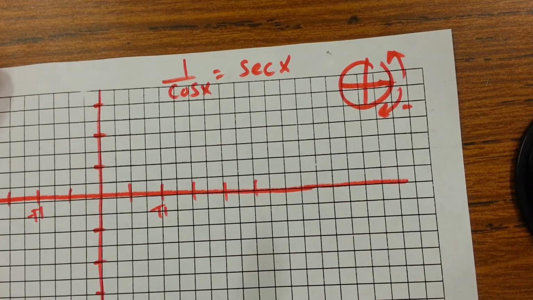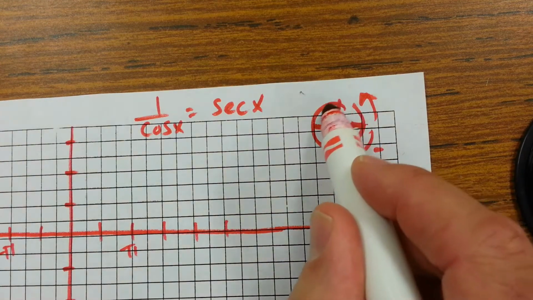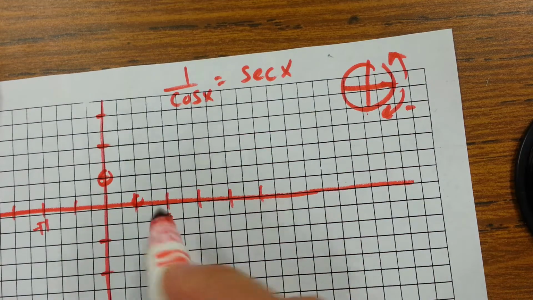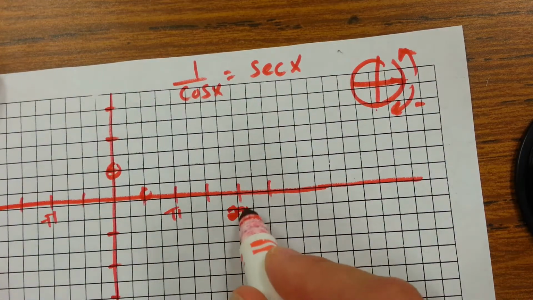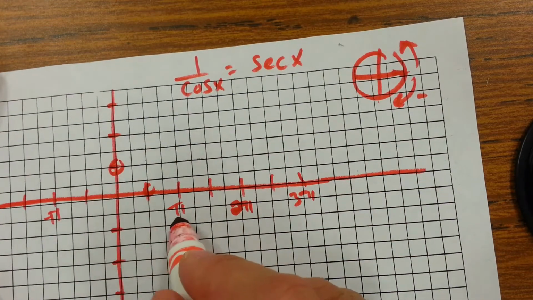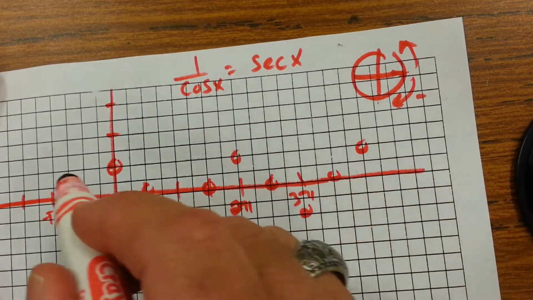So I'll draw a quick cosine graph. Cosine is 1, 0, negative 1, 0, 1, with 0 at pi halves. This is pi halves in between the 2 pi. So 1, 0, negative 1, 0, 1, and so on.